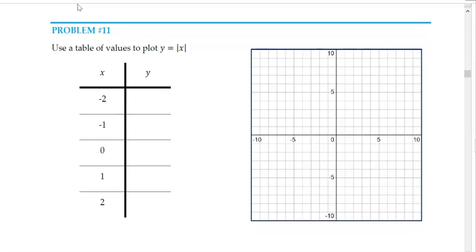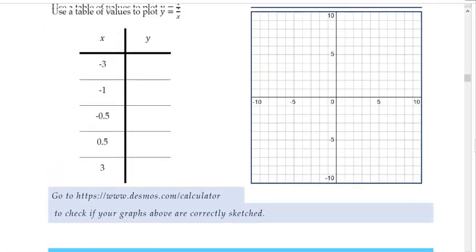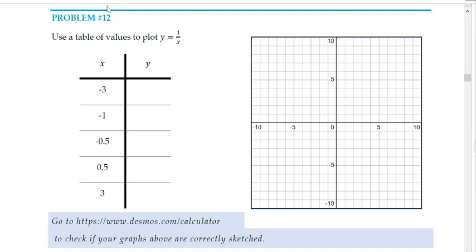Then this one is an absolute value graph. And I would mention on this, just to make sure that you remember that it is a V-shaped graph, like we said. And then this last one here, this 1 over x, is called a rational.